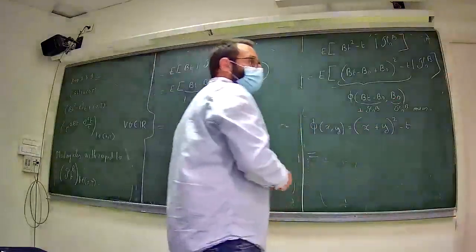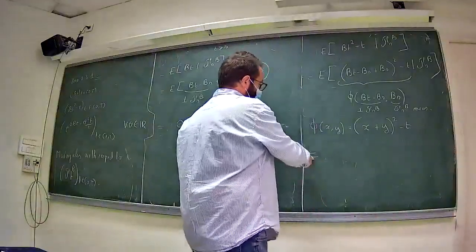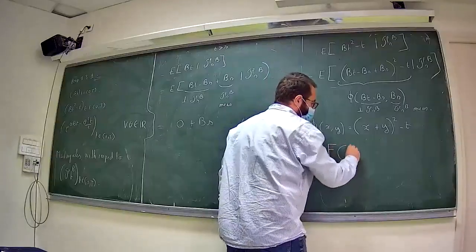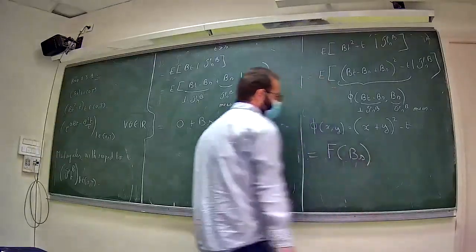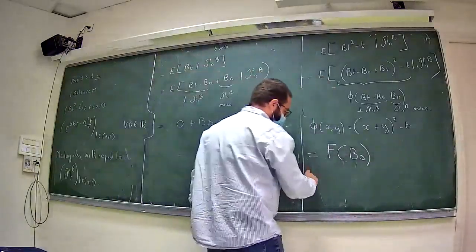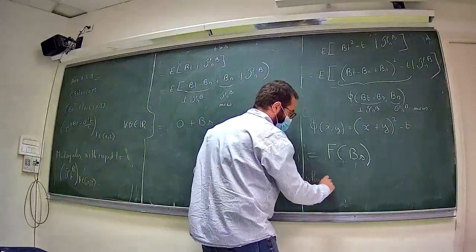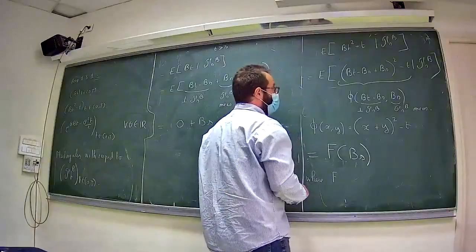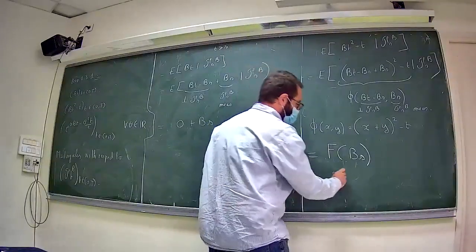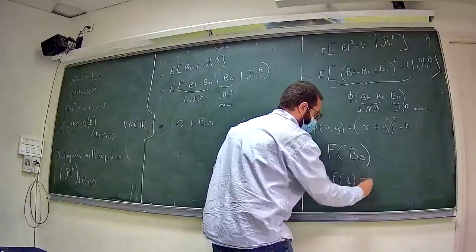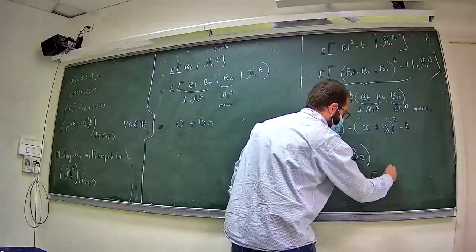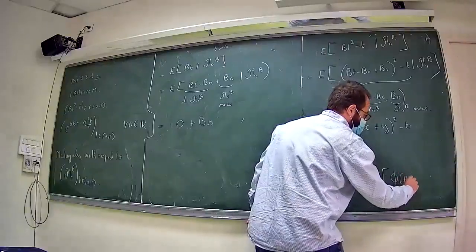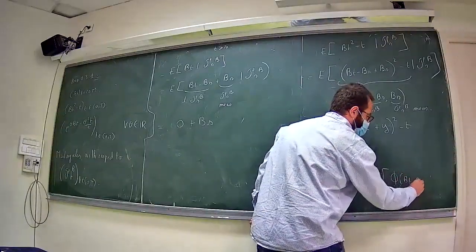And what I obtain is that my conditional expectation will be a function of the measurable part, f of bs, where f, let's write it this way, f of v is equal to the expectation of phi of bt minus bs, v.